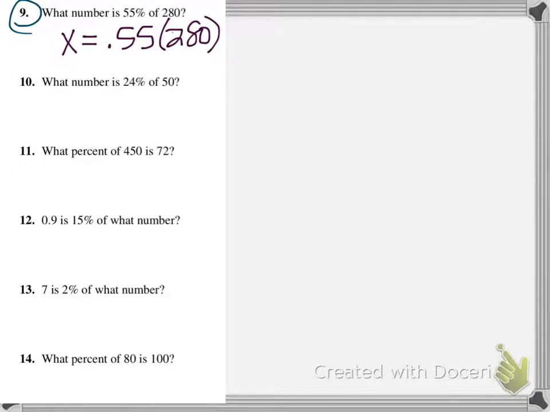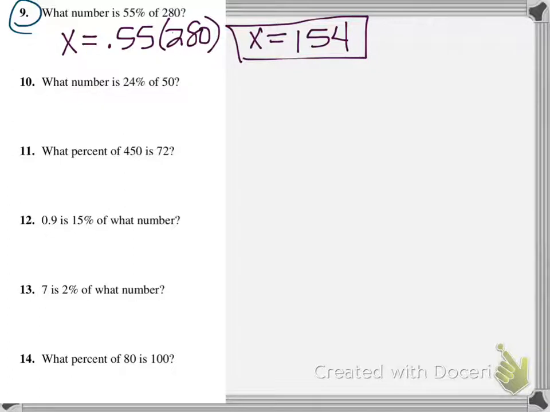The equation is already laid out very nicely. Of course, I could do percent proportion as well, but it's going to be a little more work. So 0.55, or 55 hundredths, times 280 ends up being 154. That would be my final answer for number 9.